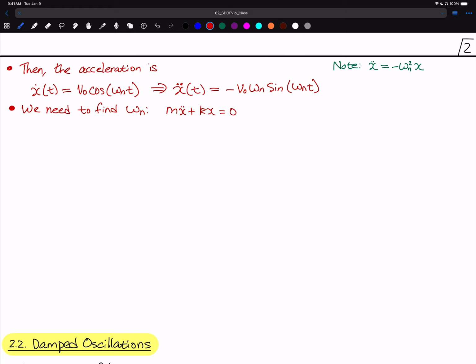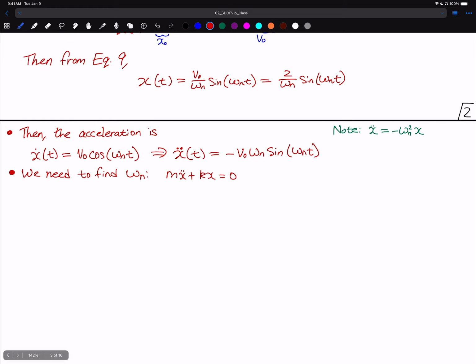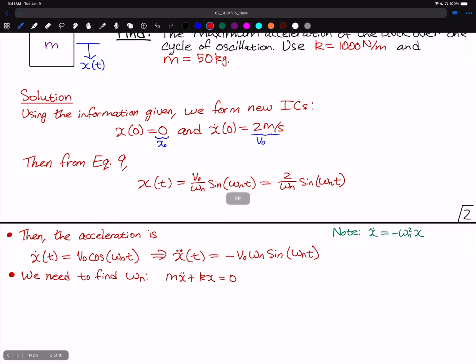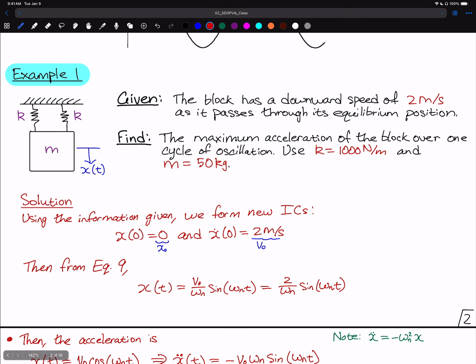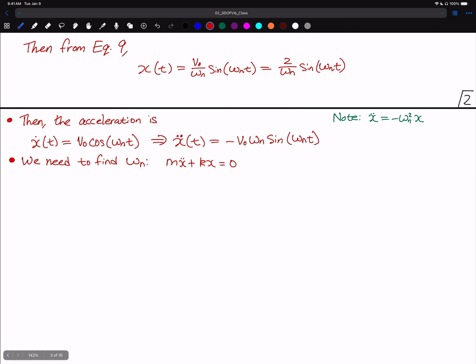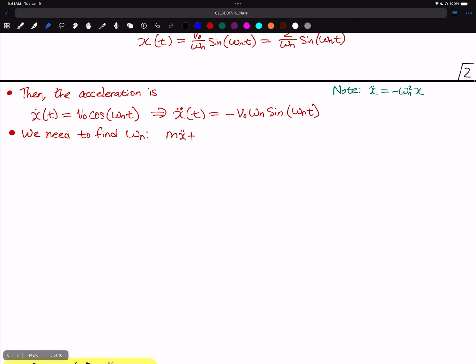In fact, let's look at our system here. If we look at our system, we see that there are actually two springs acting on the system, and as a result, the equation of motion is actually m x double dot plus 2k x equals 0. So therefore, omega n is going to be equal to the square root of 2k over m.